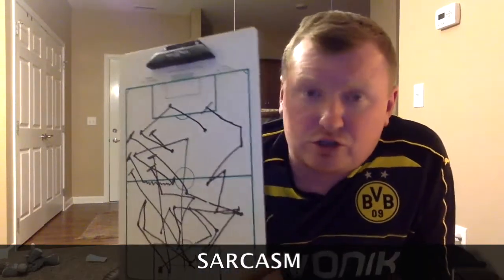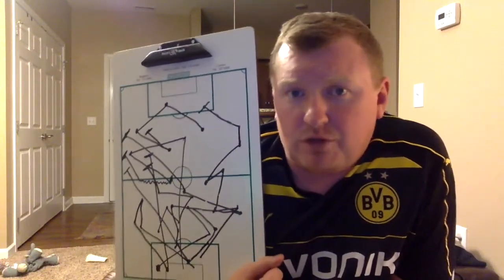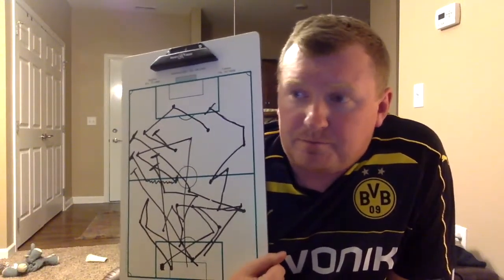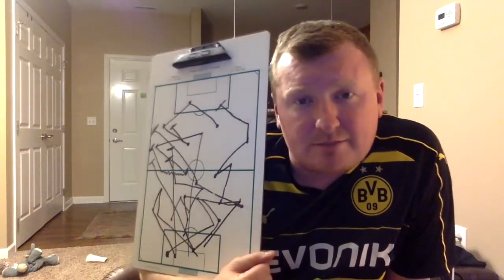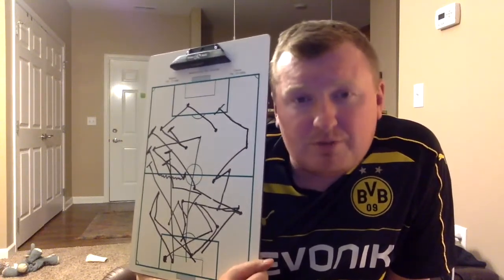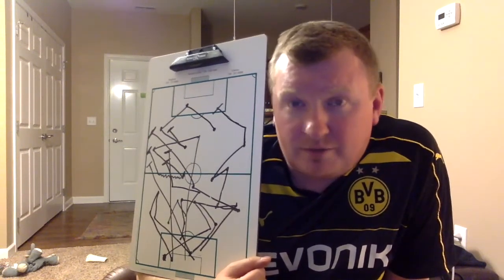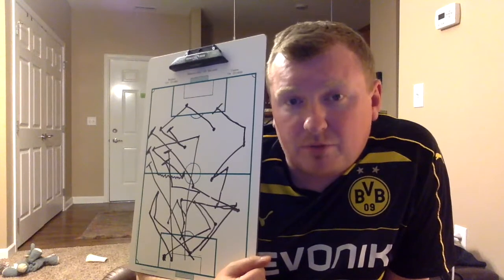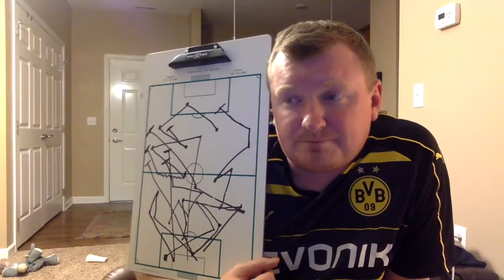They are so good that we had to adapt and play a 3-4-3. Hopefully the second half brings us a little bit more possession, some more chances. Hopefully we can come out with at least a point. Right now we're at a point, and I guess that's the goal right now.